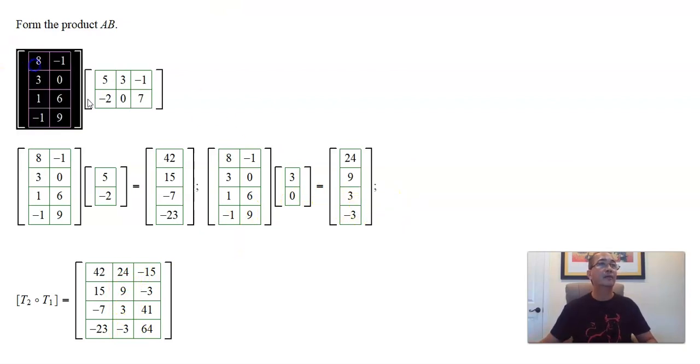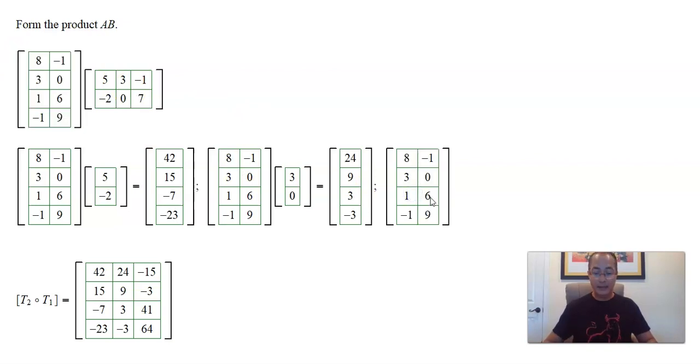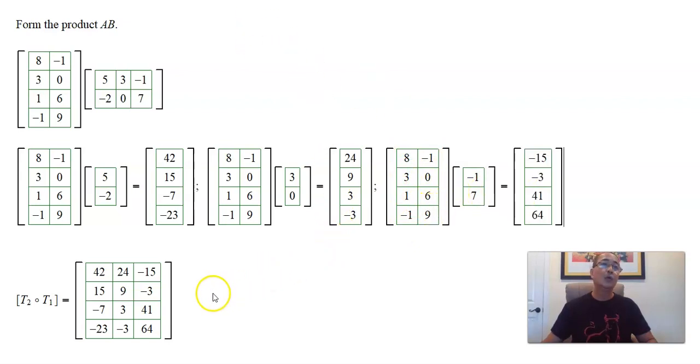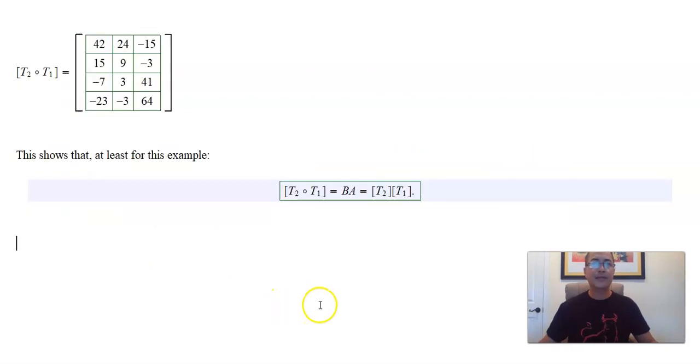And last column, you take A and then you multiply by column 3. So negative 1 times the first column and add 7 of the second column. And thank goodness we get the correct answer for column 3.